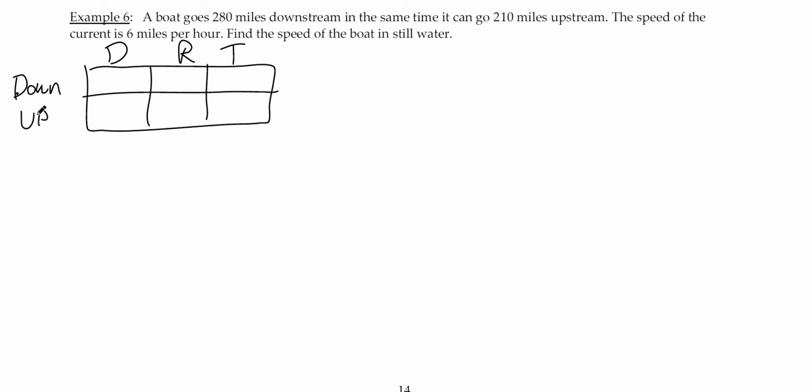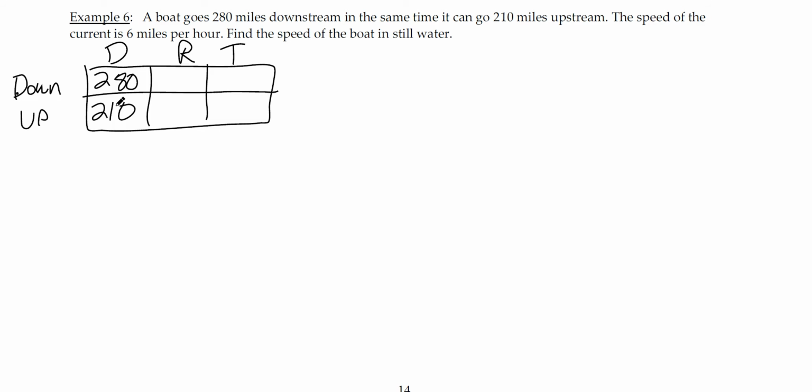It's a single boat, so it's not like boat 1 and boat 2. Now it's one boat on two different travels, one downstream, one upstream. Okay. Now, the easy stuff, 280 miles, that's a distance. Same time, 210 upstream. So there's always one column where you can just write the numbers in that are given.